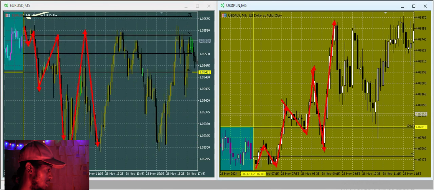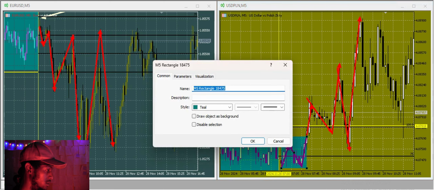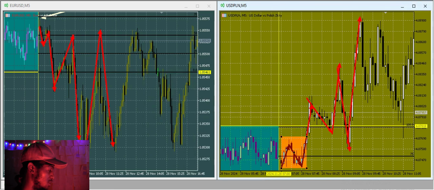And from the characteristics, you can see that their movements were similar to some extent, like around about there. Let me just put that in a different color. Around about there, and also there, where we had an up for the USD pole.